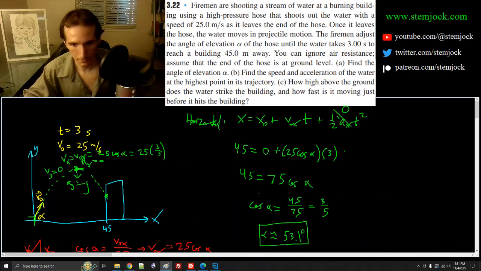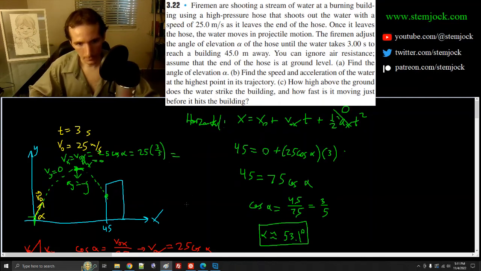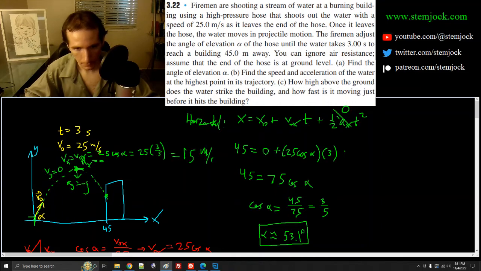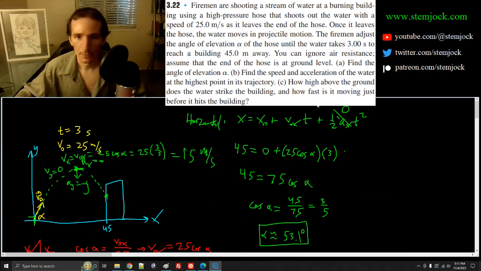That's what cosine alpha is. 5 times 3 is 15 meters per second. This is what the horizontal component of the velocity is at the highest point, as well as initially. So these are the answers for part B, and now for part C.